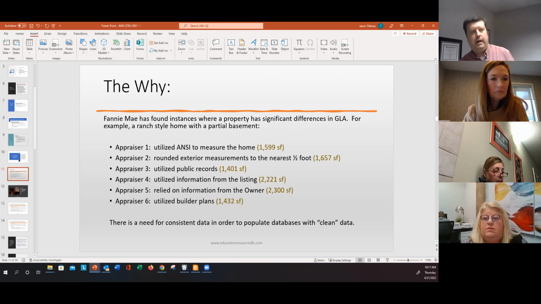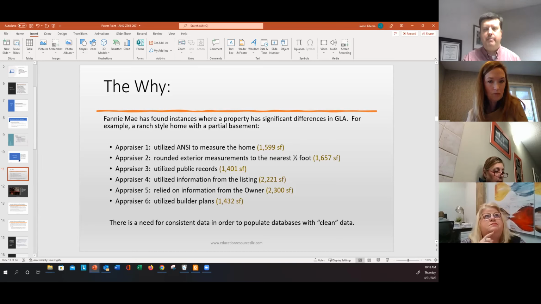I will say this, for instance, on appraiser 4, he's used the information from the listing, and appraiser 5 is using information from the owner. I'm going to go ahead and throw in appraiser 3 there. They're using that information from public records. In the past, prior to April 1st of this year, an appraiser wasn't required to measure anything.